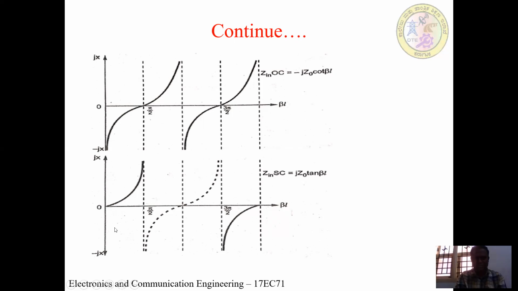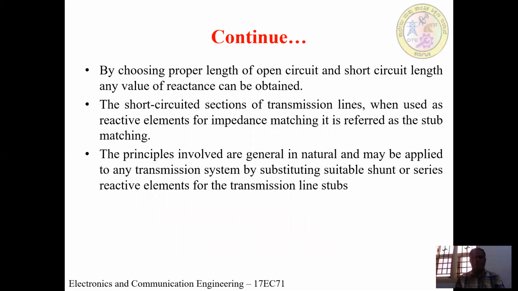Similarly, in short circuit, tan 0 is 0 and tan 90 is infinity, so it varies from 0 to infinity. In this fashion, there is a variation of the impedance of short circuit and open circuit. By choosing a proper length of open circuit or short circuit line, any value of reactance can be obtained.